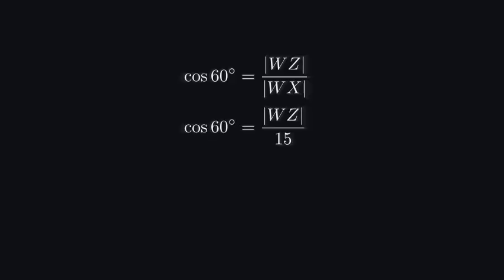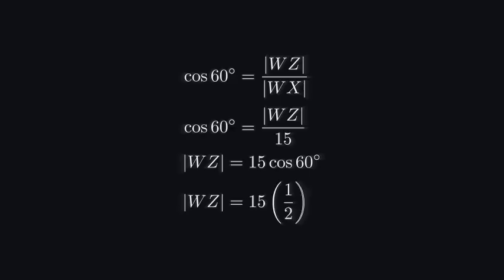Cos of 60 degrees equals length of WZ over 15. Length of WZ equals 15 cos of 60 degrees. Length of WZ equals 15 times 1 over 2.